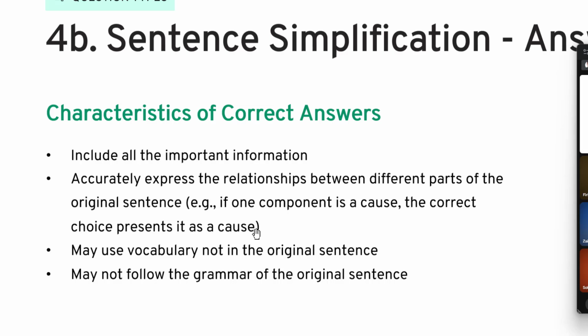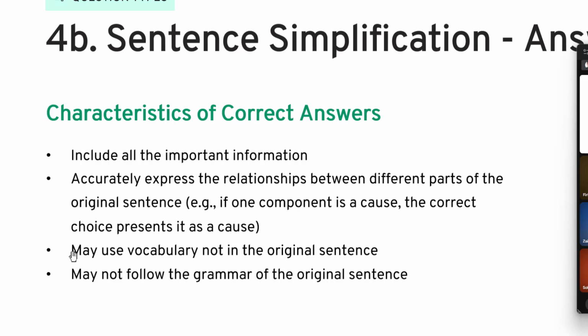For example, as we had in the last slide about the applied art objects, it was telling a cause and effect, since the laws of physics, and it was expressing that kind of relationship. So the correct sentence will always keep the same organization. It doesn't change a cause to an effect or an effect to a cause. It will have the same relationship that is used in the highlighted sentence. So that's the point with the relationship.